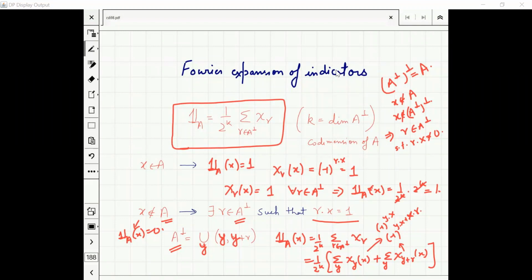That is why the summation of chi gamma will cancel. This shows that we can write the Fourier expansion of subspaces. Questions?